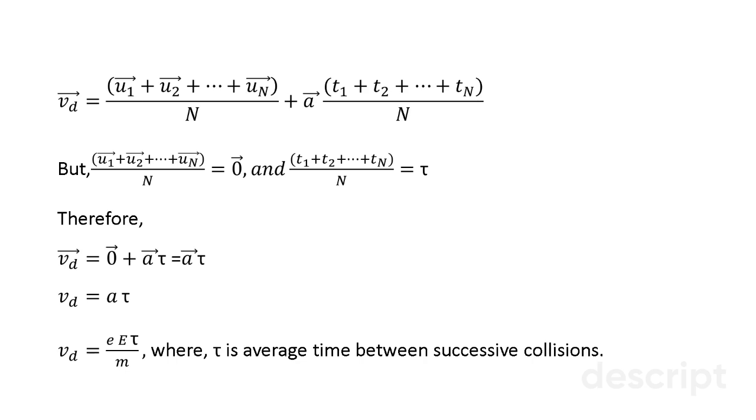Therefore vd equals a into tau. We substitute the expression for acceleration and we find vd in terms of tau, where tau is the average time between successive collisions of free electrons with ions. As you can see, we get correct result, but the method of derivation is wrong.